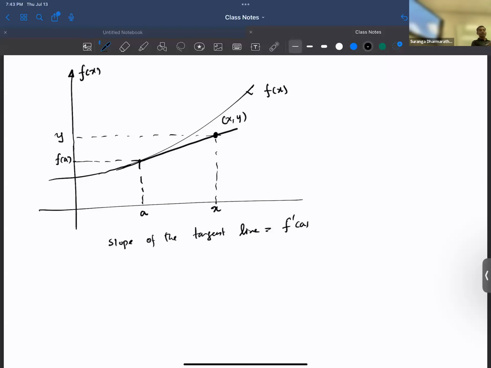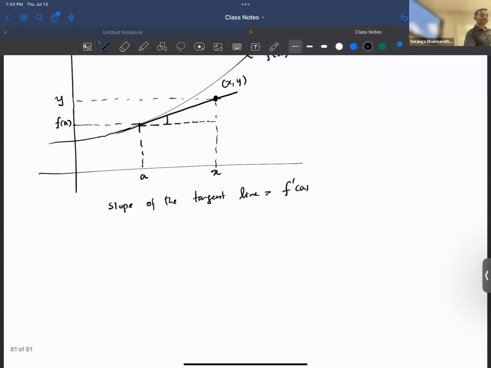Now, what is the slope? The slope is the tangent of this angle. Does that make sense? And Connor earlier said that the tangent of that angle is the difference of this y coordinate divided by the x coordinate.